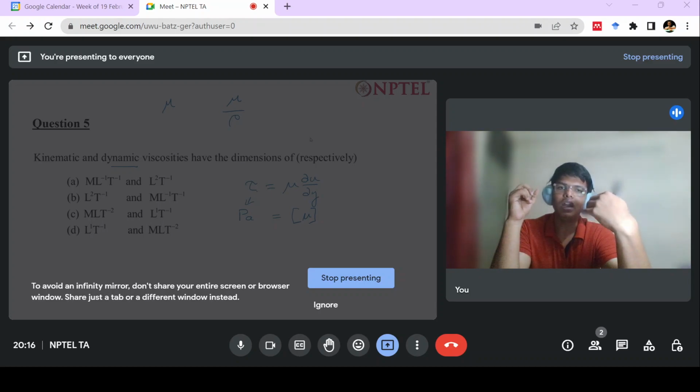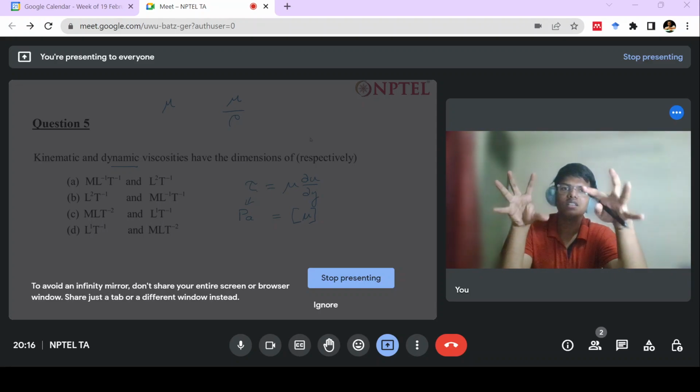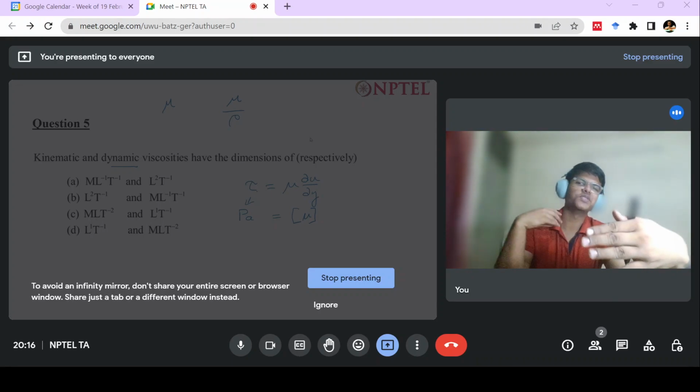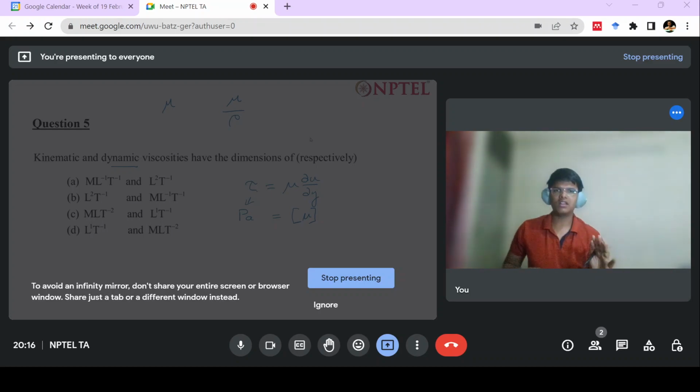It will try to give me the scale of the acceleration of a fluid particle. So this is a very vague way of understanding it, but we can understand why this is called kinematic, and why mu is called dynamic viscosity.